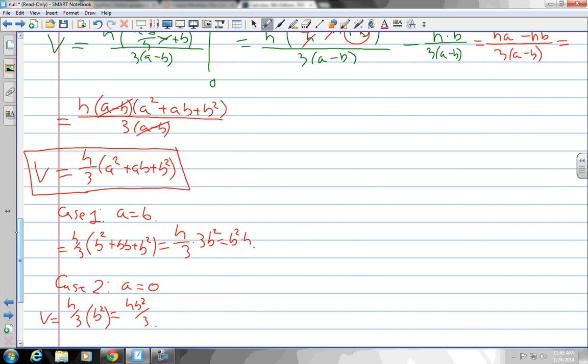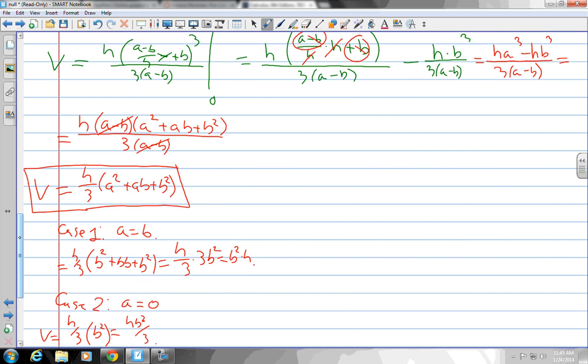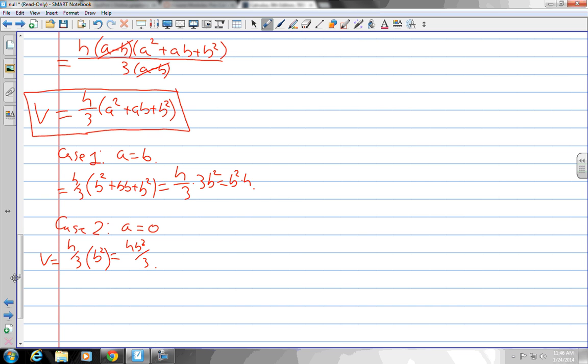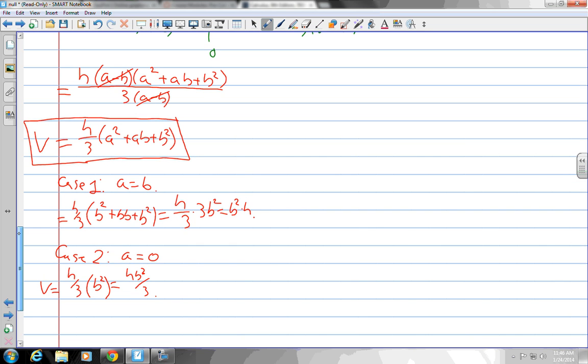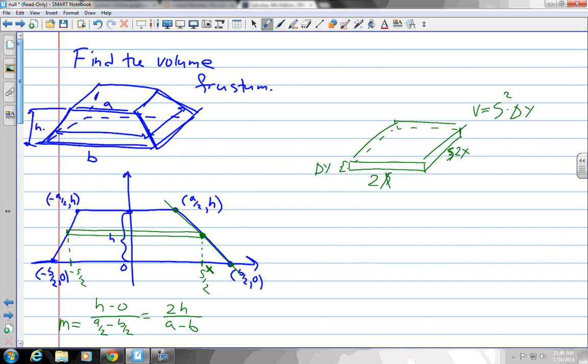You take two pyramids, the big pyramid with a height h and the small pyramid with a height h minus something. You have to relabel things a little bit, but you can do that.